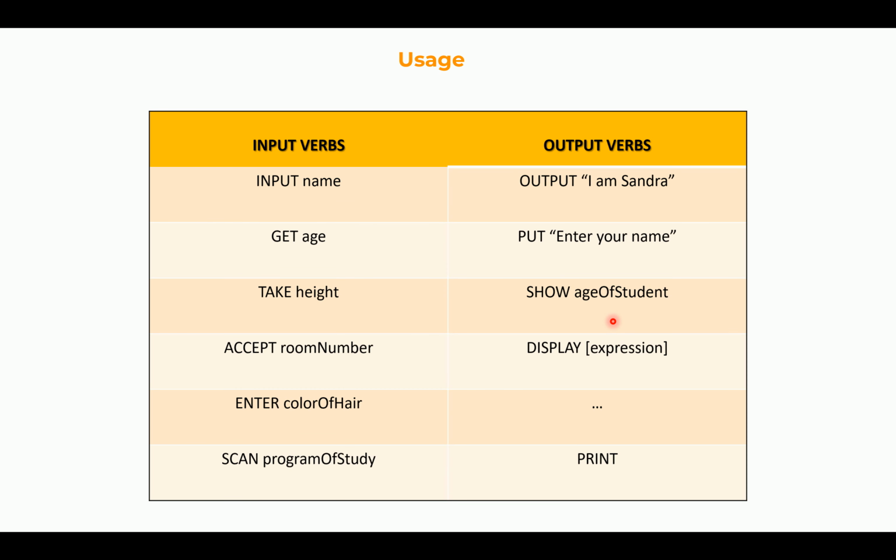Now, this is going to be the last slide talking about input and output statements. When you are taking an input from the user, you will be using commands like the input verbs we talked about in the previous slide, and then a variable name. So in this case, we have the input command and then the name, which is a variable.